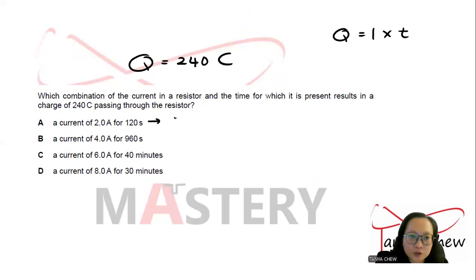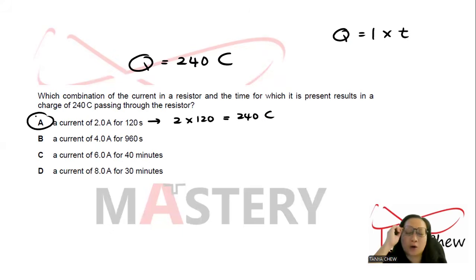A. Current is 2 ampere times 120, so I get 240 coulomb. Actually, A is the answer, but I will prove B, C, and D are wrong answers. The second one, 4 ampere times 960, you will get 3,840 coulomb. Third, the current is 6 ampere, but the time is 40 minutes.